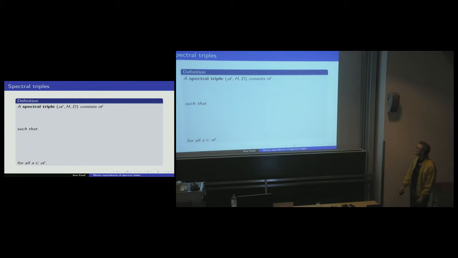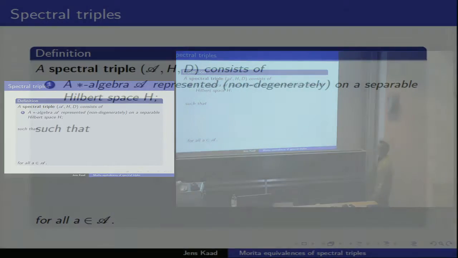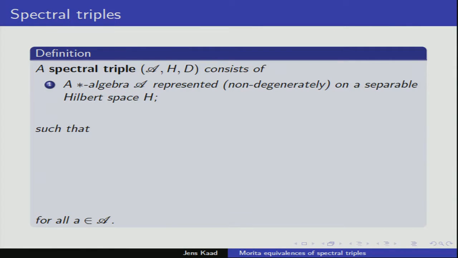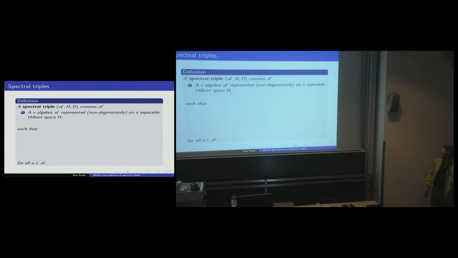You know a spectral triple. It's a triple, and the first ingredient is a star algebra, which is represented in a non-degenerate fashion on a separable Hilbert space. But the star algebra need not have a unit.